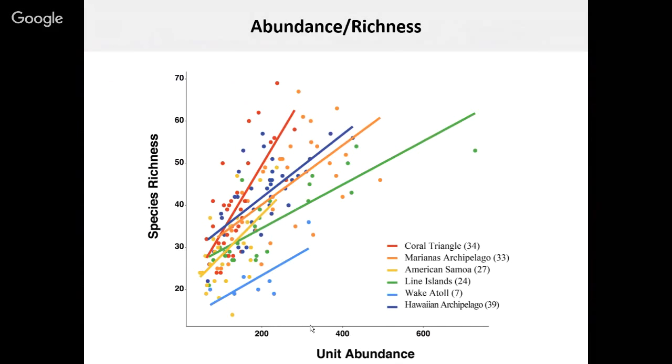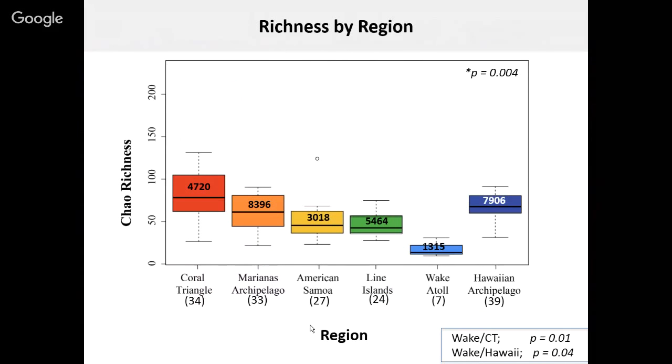Now, if we look at the regional examination, here all the numbers are the total organism counts within each of the box plots. And then the parentheses below the regions are the units. This is essentially taking into consideration the variation in the number of units deployed at each region to try to see what the diversity is across regions.